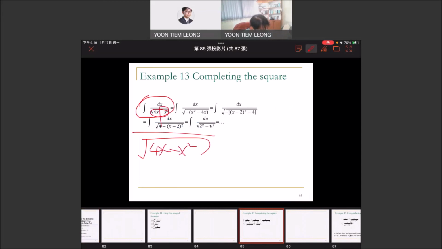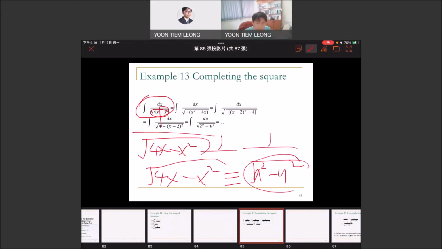Okay, so if you look at this 4x minus x squared, you can actually complete the square, right? So you can convert this into a form which is like a squared minus x squared, right? So you can actually convert this into the form that looks something like a squared minus y squared. Then you have a square root, 1 over.